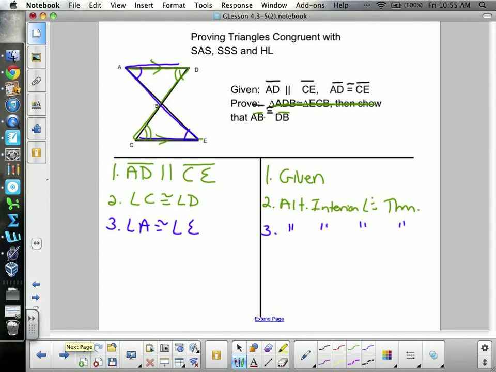Now, from there, once I have two angles, I never go for the third angle, because angle doesn't help me. Once I have two angles, I never go for the third angle. Now I look for a side. But which side do we have? Oh, it's a given! Happy day! AD is congruent to CE.